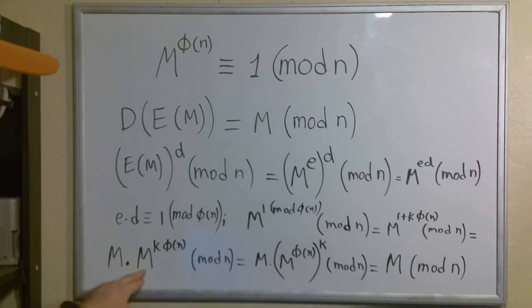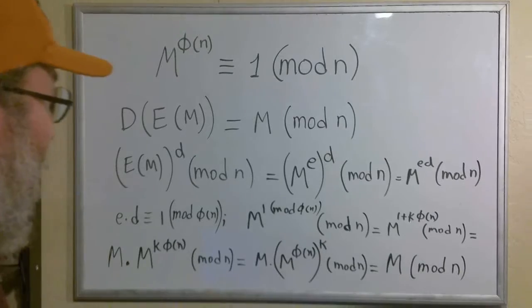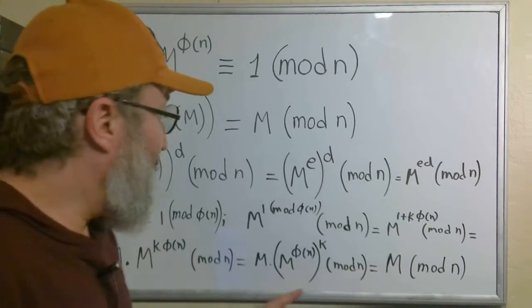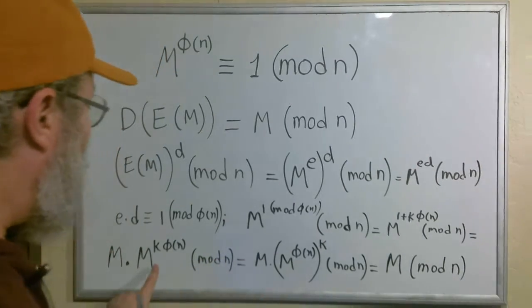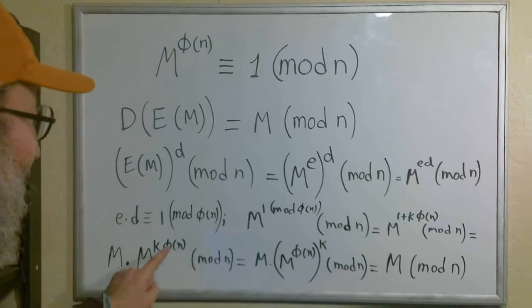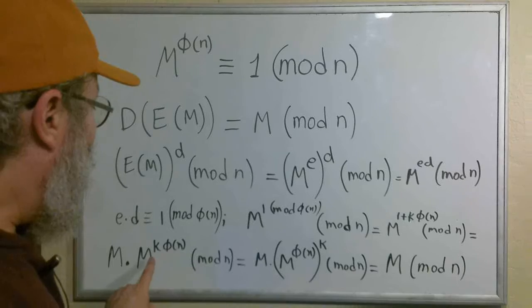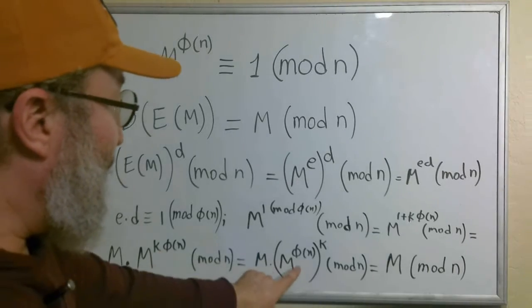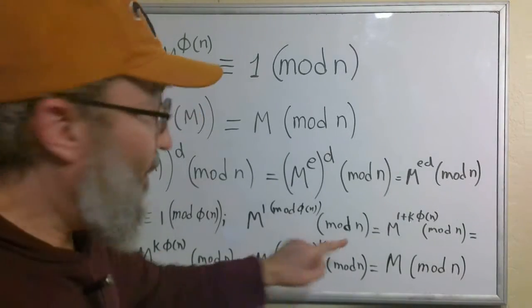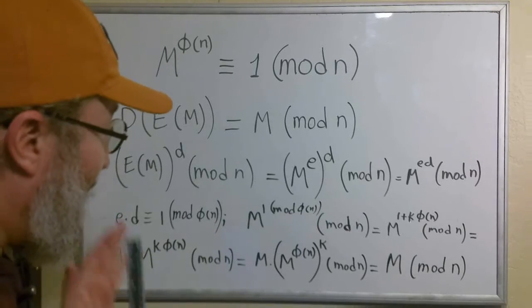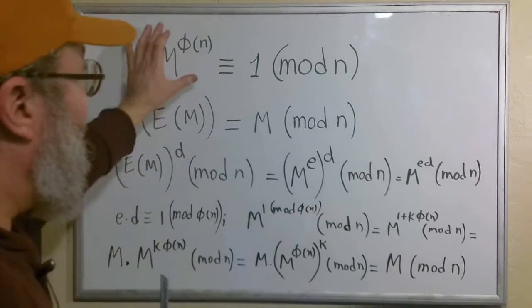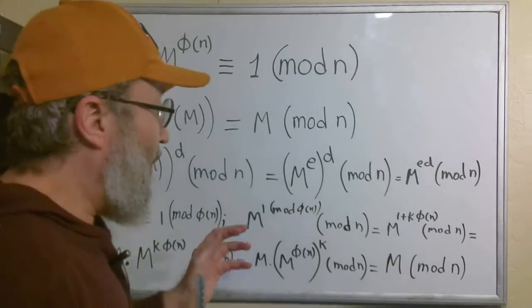Obviously, m has to be the same here, right? So it's m times m to the k phi of n. Then again, I can do another trick, which is basically to rewrite the multiplication in the exponent as a power. That's also true for exponentiation, right? So m to the power of k phi of n is m to the power of phi of n, to the power of k. All right, so here's where Euler's theorem will be used.